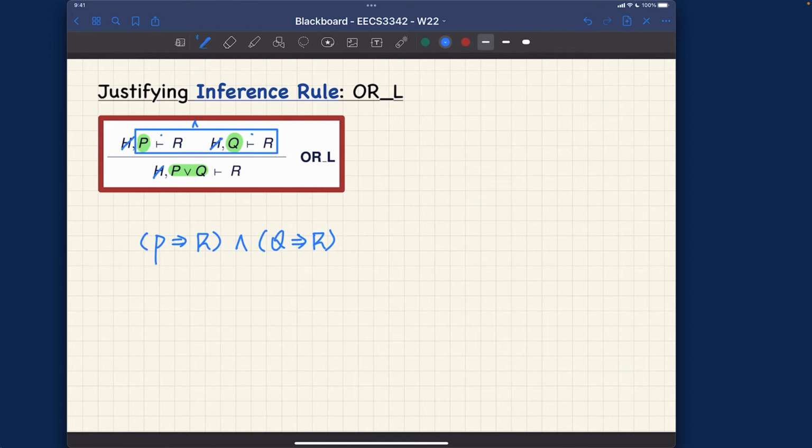So this means that will imply, right? You can think about this implication here corresponding to the horizontal line over here, and it will be the disjunctive hypothesis over here implies R. Right, so that's really what we have over here, right?